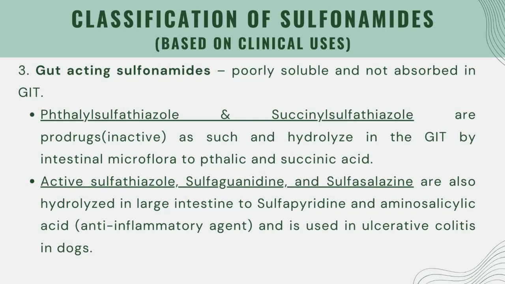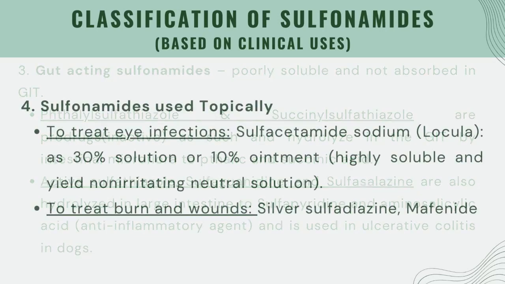Gut-acting sulfonamides. These are poorly soluble and not absorbed in GIT. Phthalyl sulfathiazole and succinyl sulfathiazole are prodrugs as such and hydrolyzed in the GIT by intestinal microflora to phthalic and succinic acid. The active sulfathiazole, sulfaguanidine, and sulfasalazine are also hydrolyzed in large intestine to sulfapyridine and aminosalicylic acid and is used in ulcerative colitis in dogs.